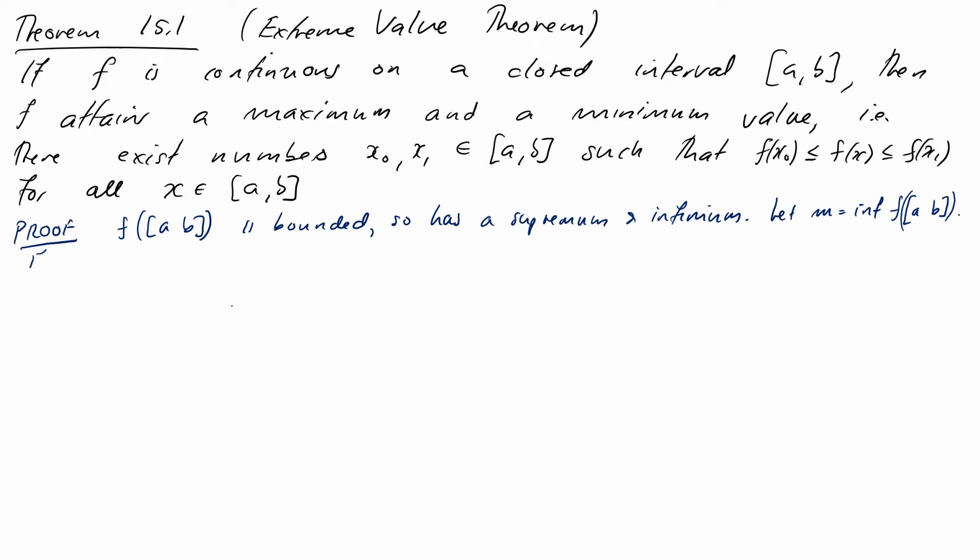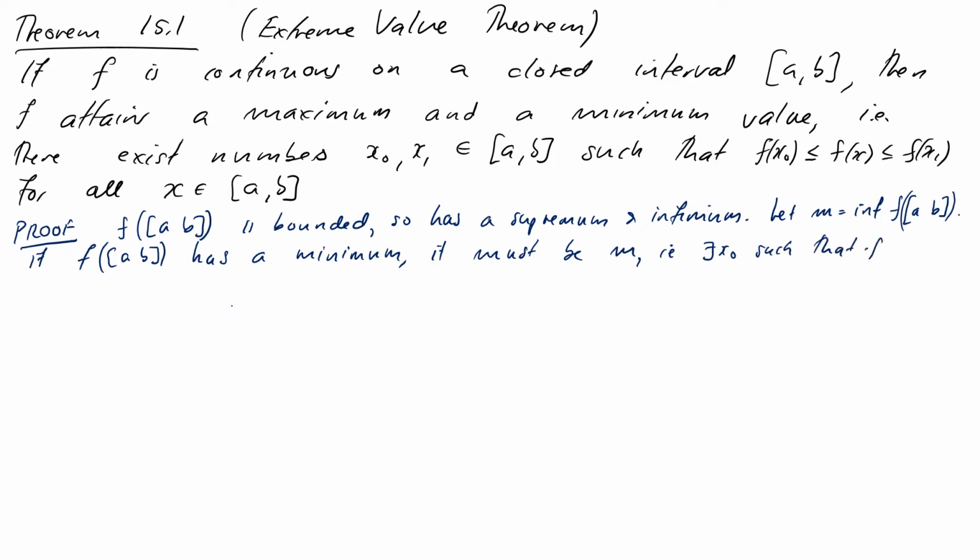So if f of [a,b] has a minimum, it must be m, i.e. there exists an x naught such that f of x naught equals m.